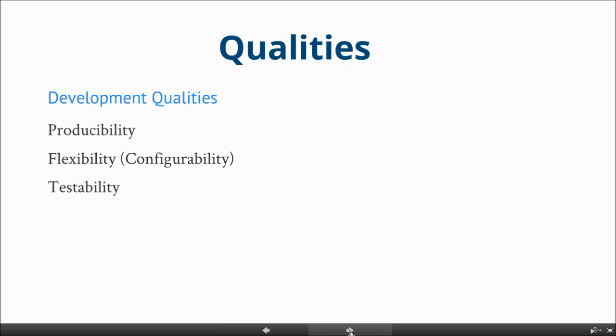Another development quality is testability. How easy can it be tested? Right now, what we're dealing with in our product is being able to test things automatically. Instead of doing a manual test, can we test it through automation? This is important to us because it determines how fast we can develop things.